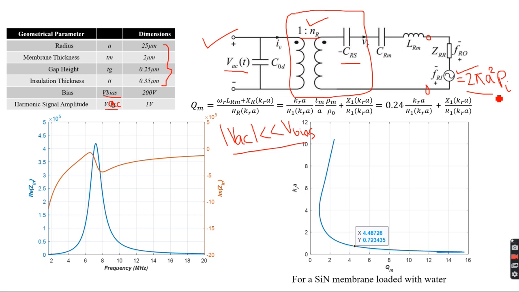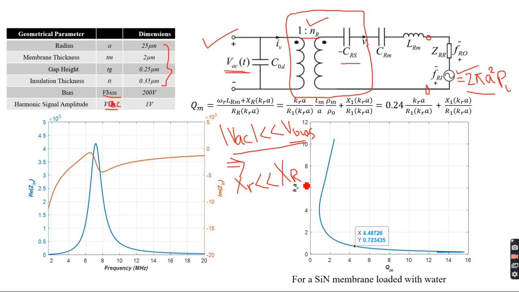Okay, so due to this force on its membrane, the cell has a small signal voltage at its electrical terminals, the output. This expected voltage is small compared to the bias. These are the small signal conditions, and this also implies that the membrane displacement is going to be much smaller than the DC displacement.